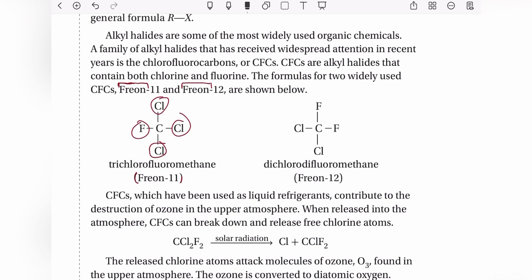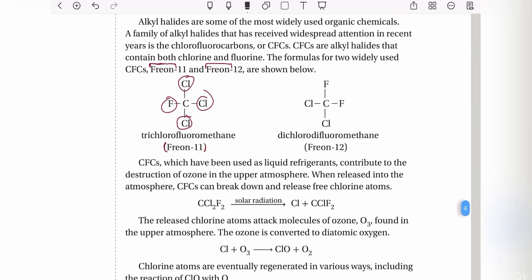So when released into the atmosphere, these chlorofluorocarbons, in this case dichlorodifluoromethane, can break down under the influence of solar radiation into a single chlorine atom, and this compound, chlorodifluoromethane.